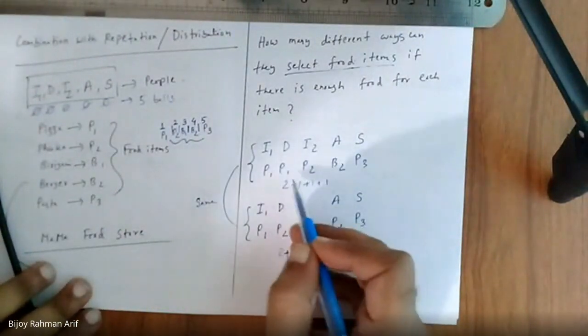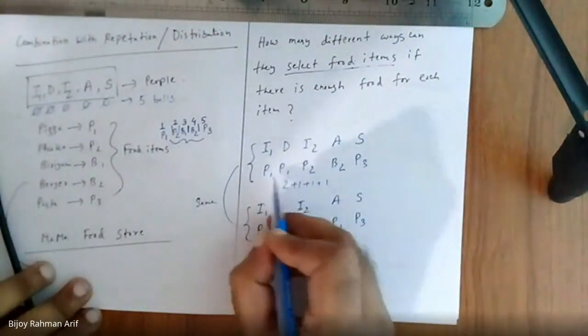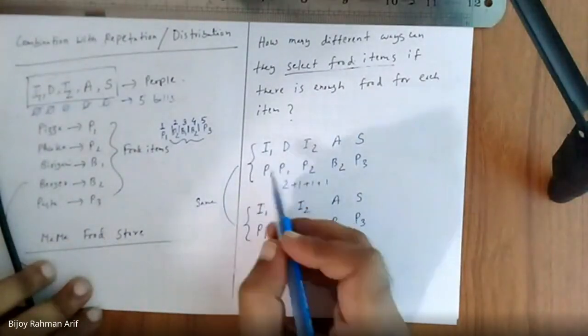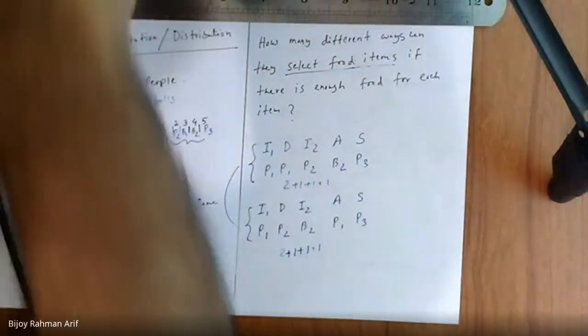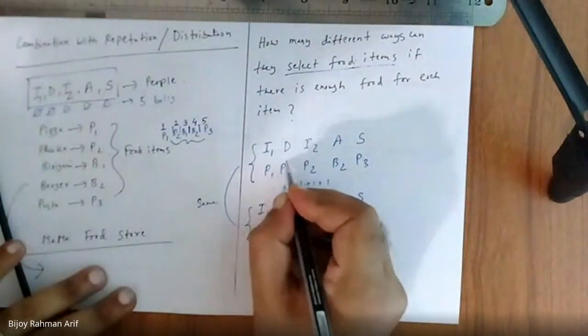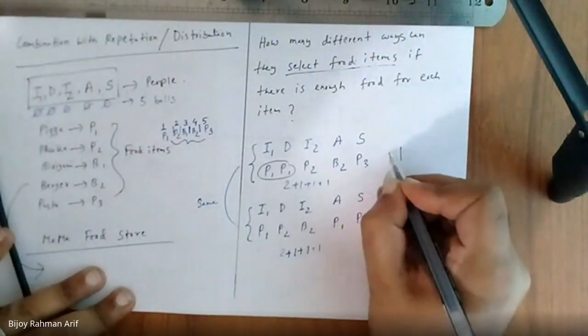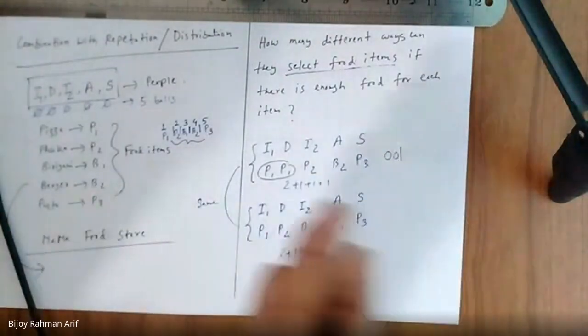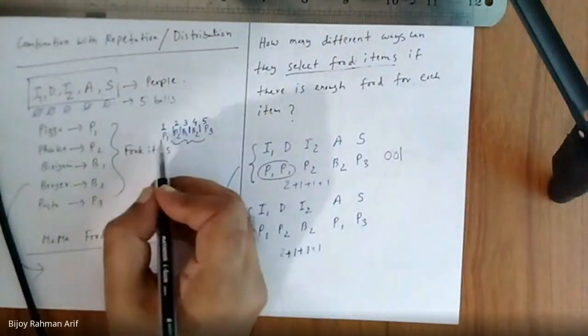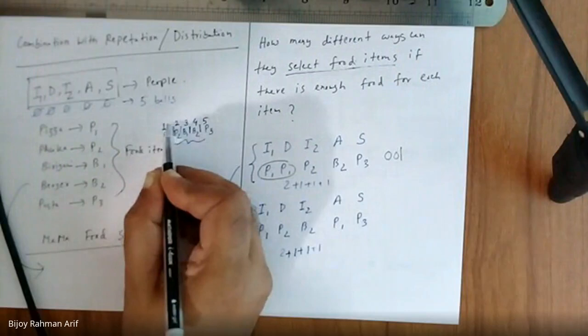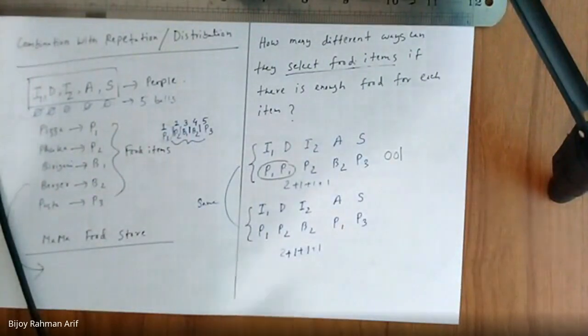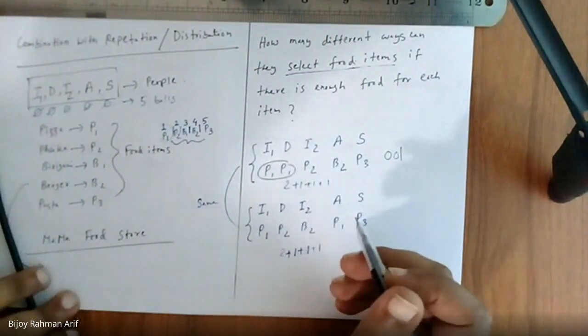Now, how can I represent this? Two persons have taken pizza, so here I have two balls, just before the first stick, because the first position is nothing but pizza. Now, how many persons have taken fuska?